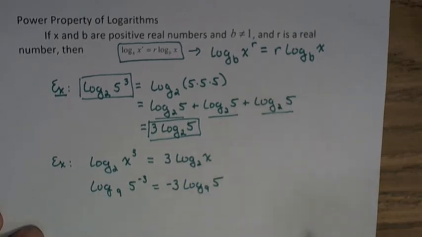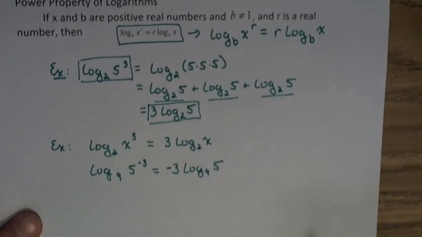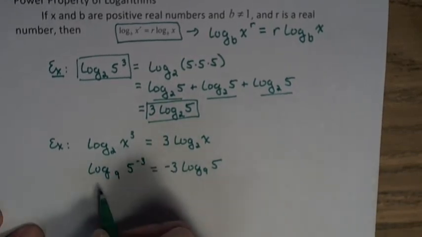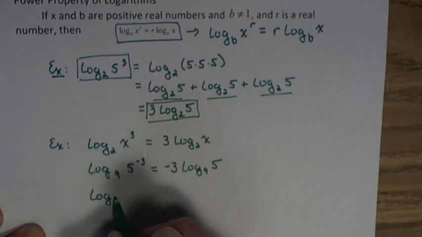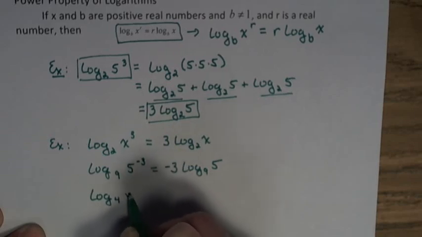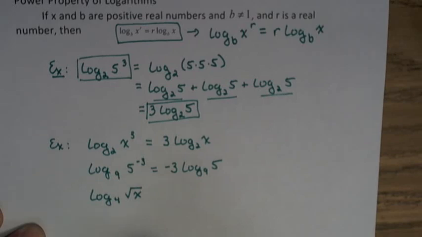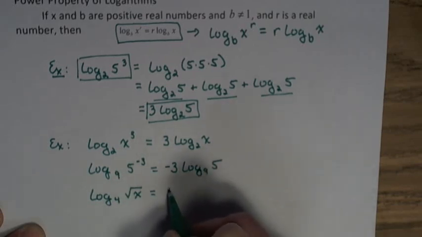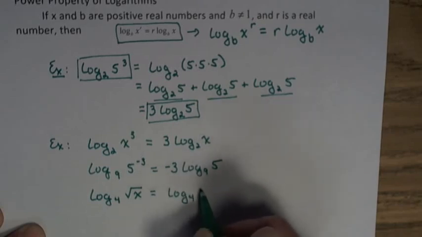Or let's try one more. This one can sometimes be a little bit tricky, but it's actually one that allows you to apply the power property. And that's log base 4 of the square root of x. Now remember that the square root can be rewritten as log base 4 of x to the 1/2.